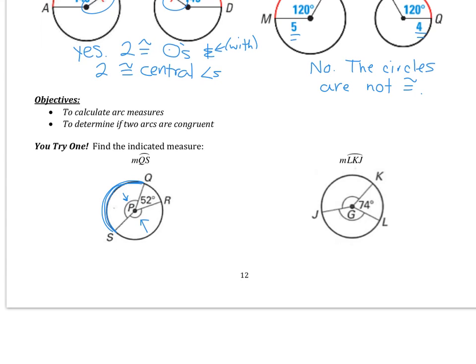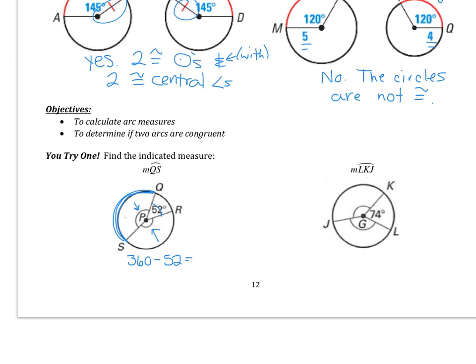So we know full circle is 360 minus, we already have 52 degrees taken by this angle. So we would get 308 degrees. But that's the sum of these two. If they're congruent, I would divide that by 2 and get each individual angle, and it's 154 degrees. So therefore, arc QS is 154 degrees.